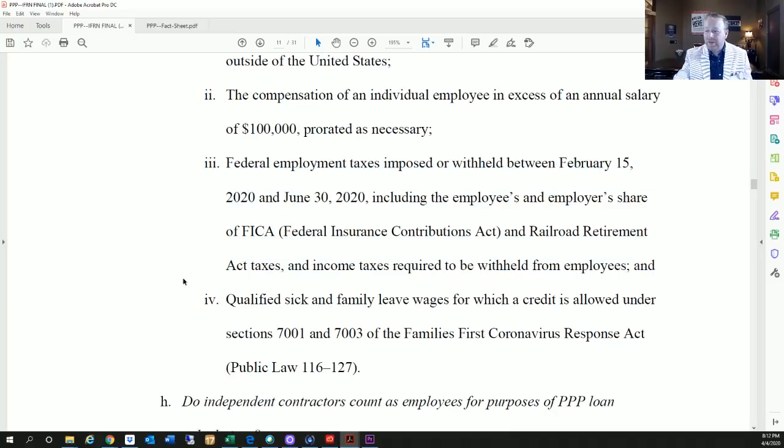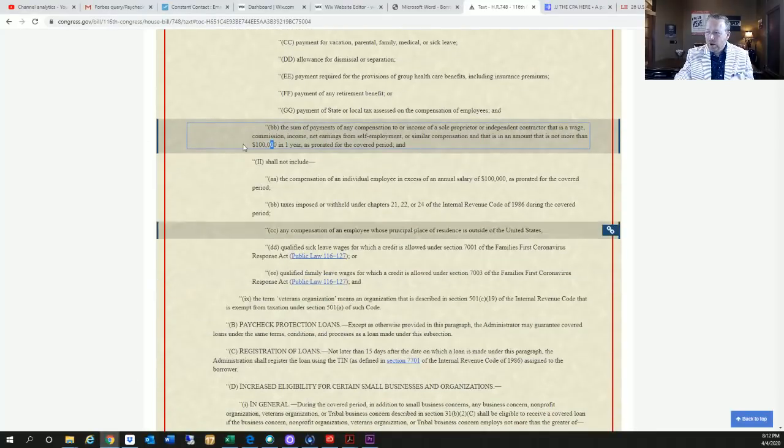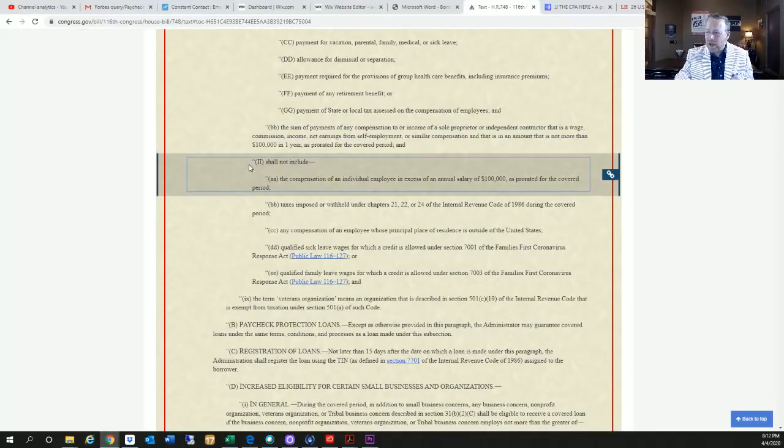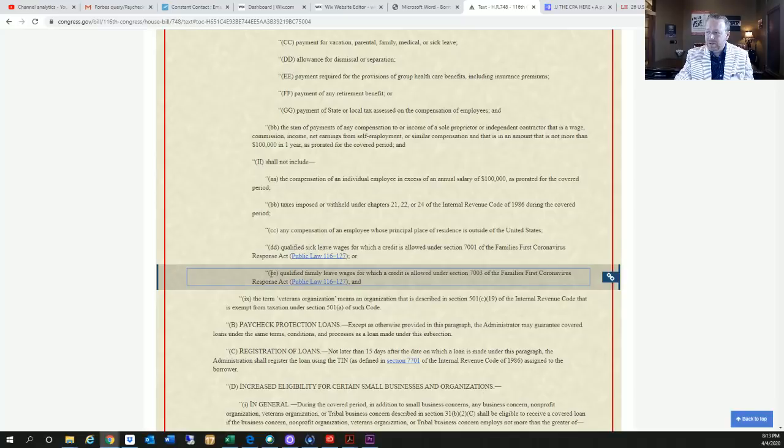It goes together. Just the way the law had that in there, and maybe there shouldn't be this bullet point number 4, Roman numeral number 4. Because when you're looking at the law, we come down here, what's not included in payroll cost, excess of 100, and then we have withheld, and we have this, and we have this, and those are all tied together.